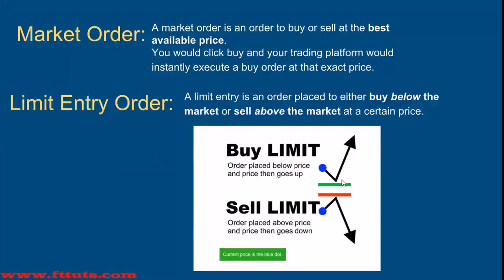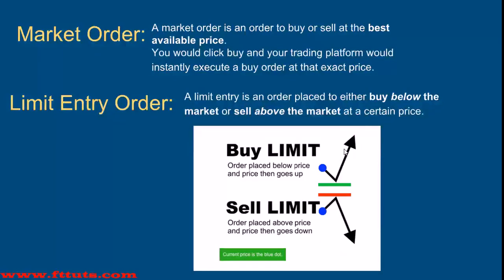So you're going to already have a buy limit placed right here, so that when price reaches here, it'll automatically get you in the market for a buy. Based off of how you created the order, you're going to have the stop loss and the take profits already set in that order.